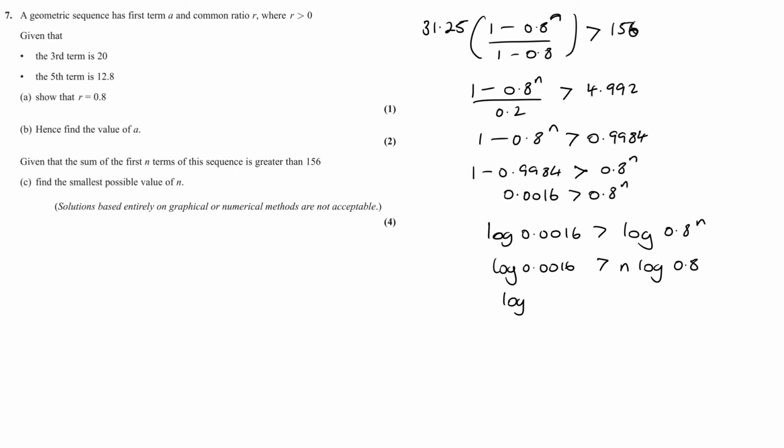So I get log of 0.0016 divided by log of 0.8. The sign changes, and there is my n. So n is greater than 28.85. Therefore, n equals 29, because we wanted the smallest possible value of n.